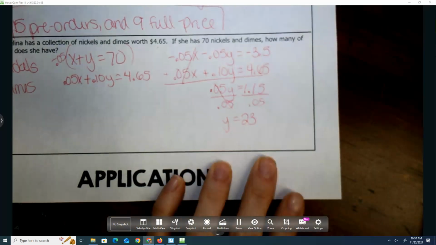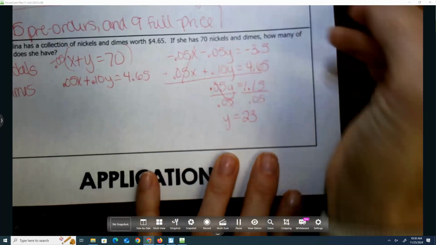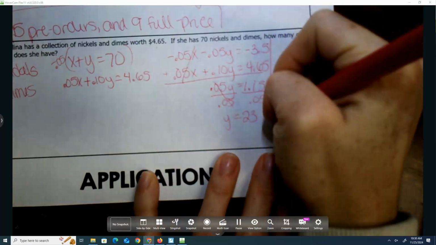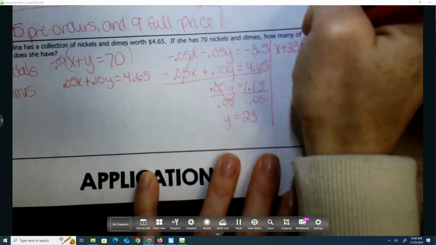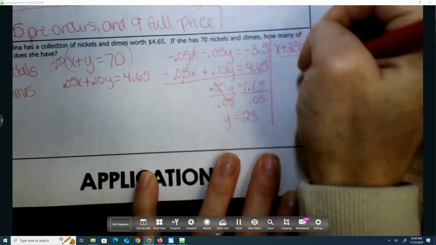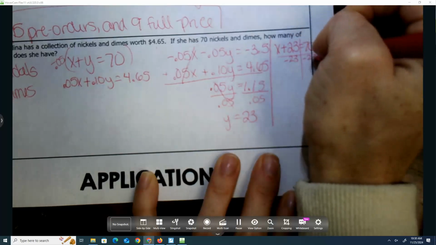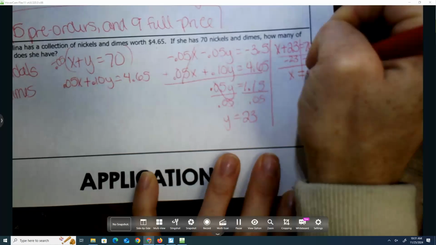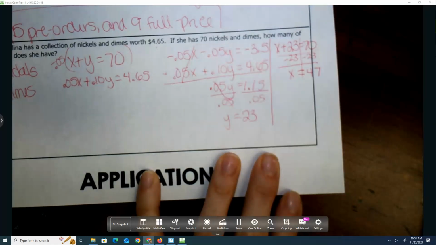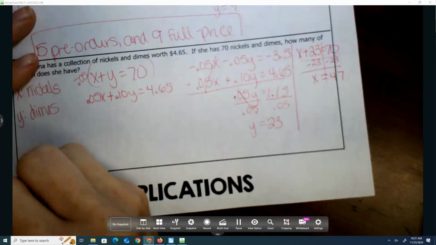And then Blair, what do I do with that 23? Good. So X plus 23 equals 70. Subtract the 23. And X is 47. And then Noah, how do I answer it?